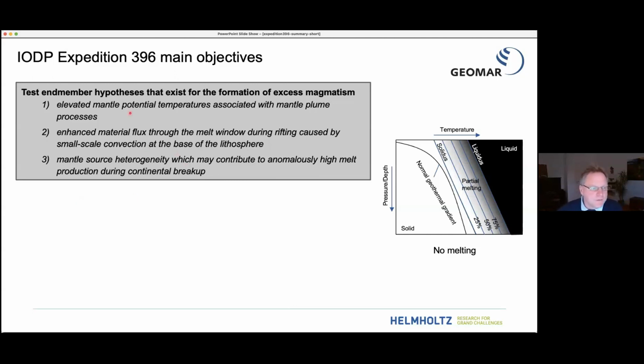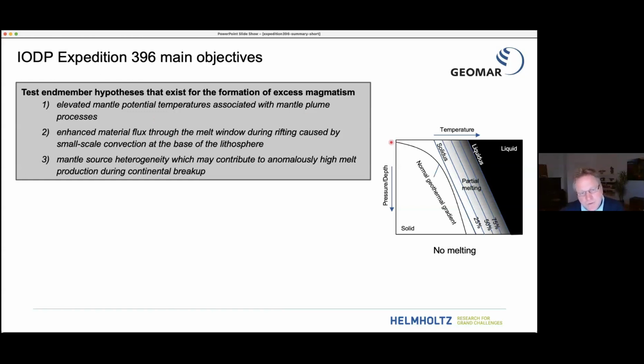They relate to excess mantle temperature, fast unloading, and the composition of the mantle. All three probably play some role, and it is very difficult to take this apart and understand why you have so much volcanism on some margins and very little volcanism on other margins.